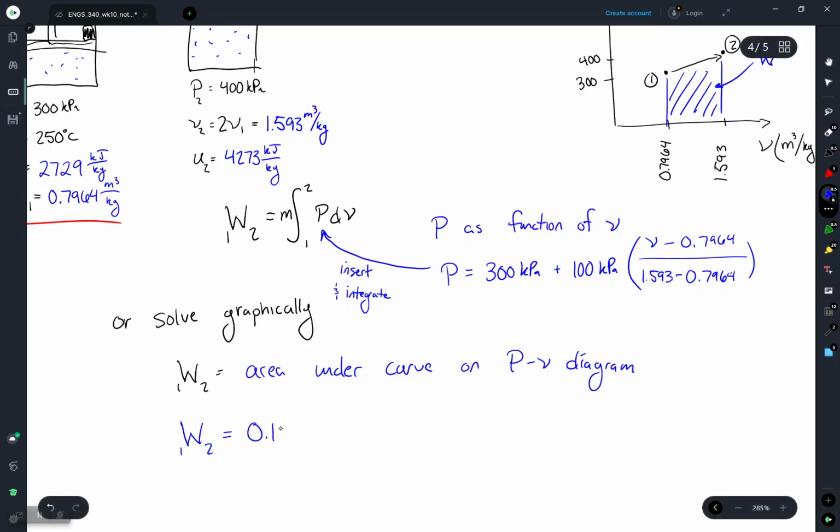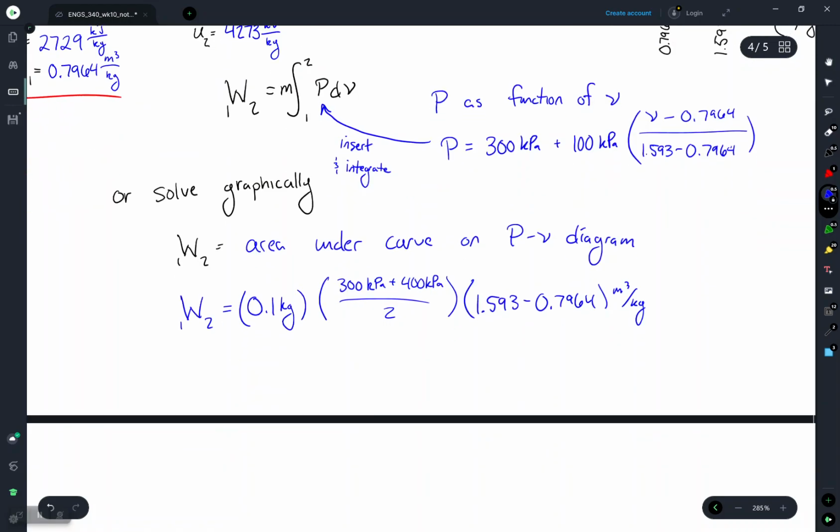So 0.1 kilograms, that's our mass, times 300 kPa plus 400 kPa divided by 2, times our base, 1.593 minus 0.7964 meters cubed per kilogram. And we can find that the work is 27.87 kilojoules.